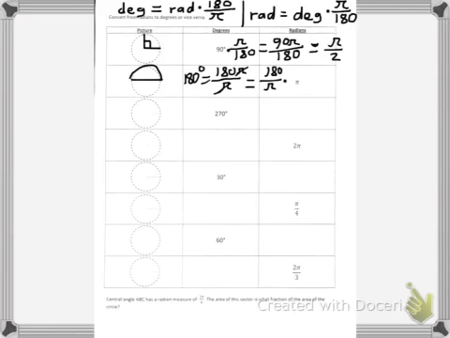All right, let's do the next one, 270. All right, so 270, if we're really drawing in our equation here, would be going all the way around this to right there. Okay, that's the angle that we're looking at. Okay, so this is a 270-degree angle right here. All right, so go back to how we did the first one when we converted 90, right? We multiplied by pi over 180.